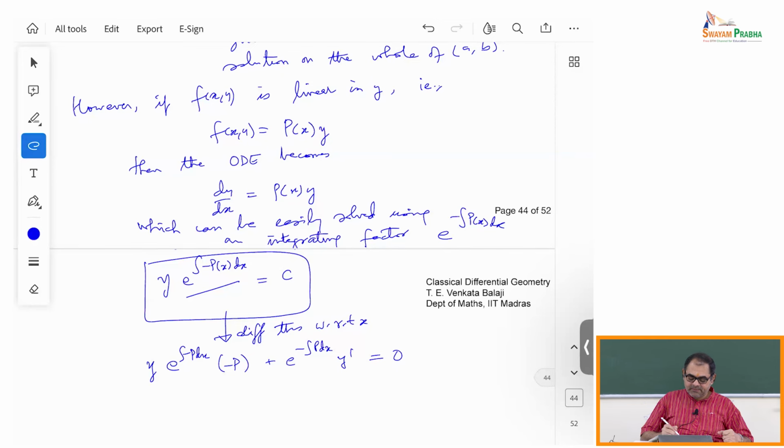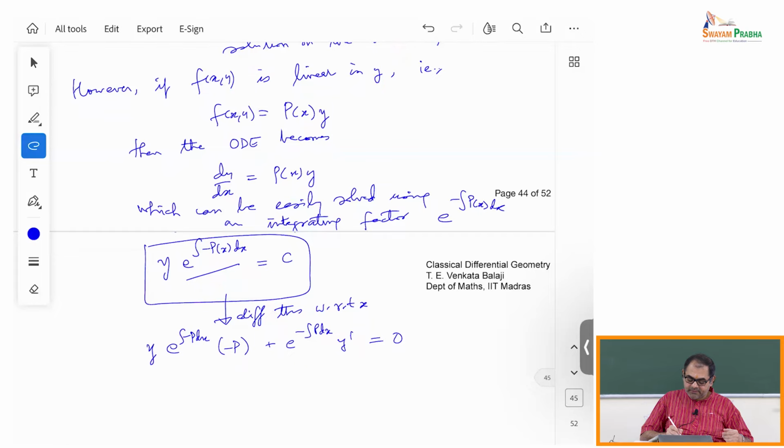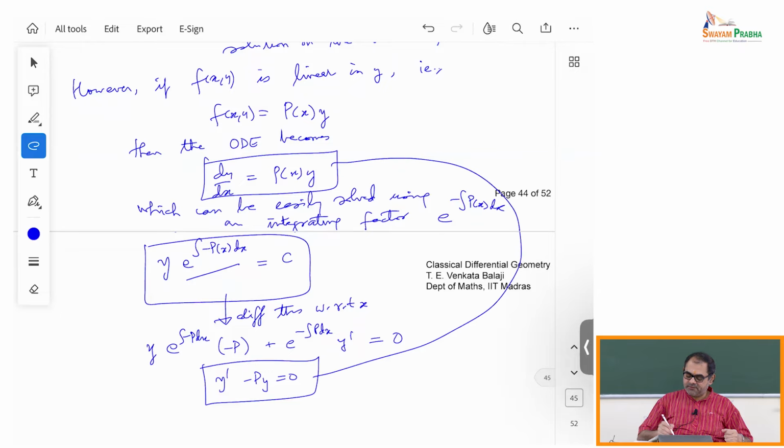Then this e power minus integral p dx is an exponential, so you can cancel it out, and what you will get is y dash minus p y is 0, which is the original equation. Therefore, the moral of the story is, because it is linear in y, you are able to solve it, and there is an integrating factor.